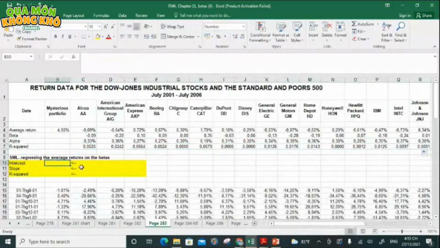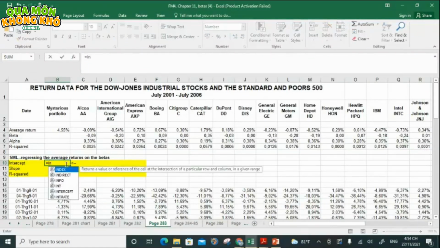And now, this is the first step, the first pass regression, and now I will use the second pass regression by regressing the average returns on the betas.